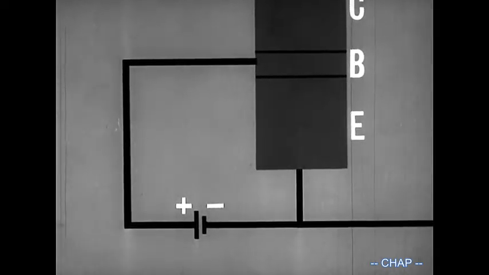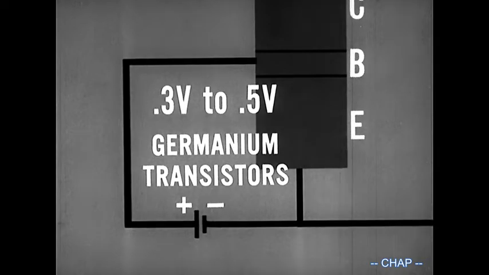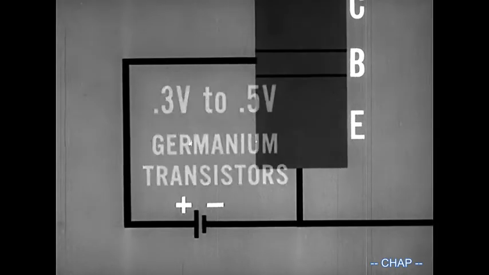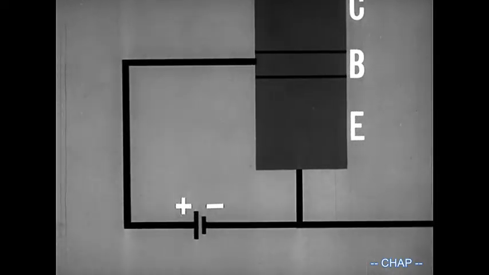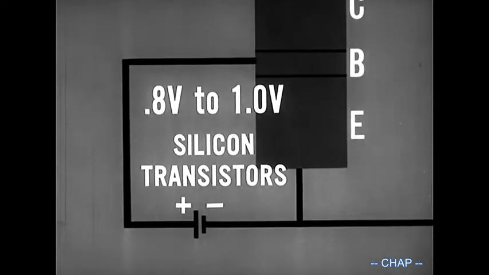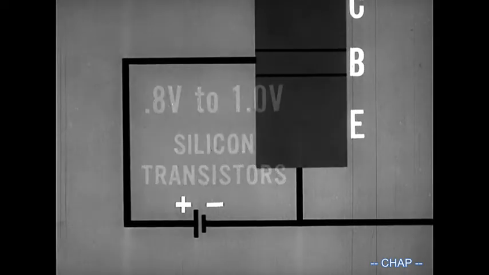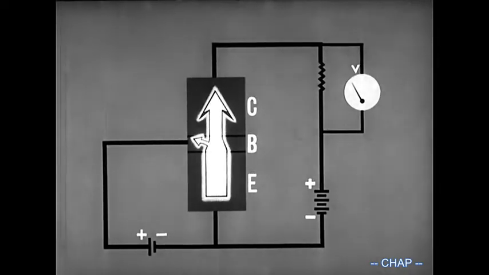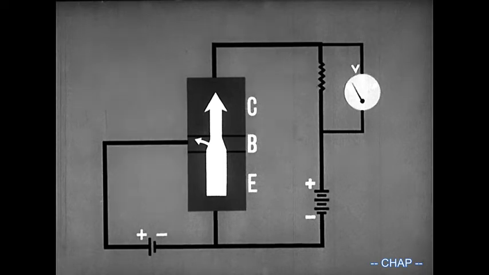For germanium transistors, the most common range of forward bias voltage will be from 0.3 volt to 0.5 volt. For silicon transistors, the most common range will be from 0.8 volt to 1.0 volt. The amount of current flow through the transistor is determined by the forward bias voltage applied to the emitter-to-base circuit.